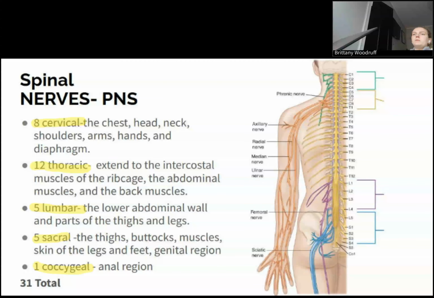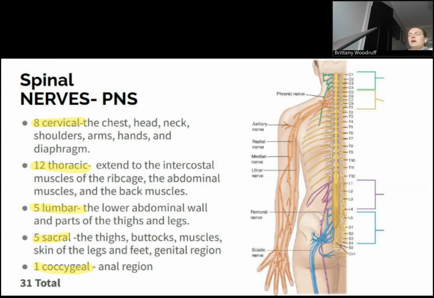Your lumbar nerves are going to be the lower abdominal wall and parts of your thighs and legs. Your sacral nerves, that almost bottommost part, are going to be innervating your thighs, your buttocks, your muscles of the skin and legs and feet, and your genital region.